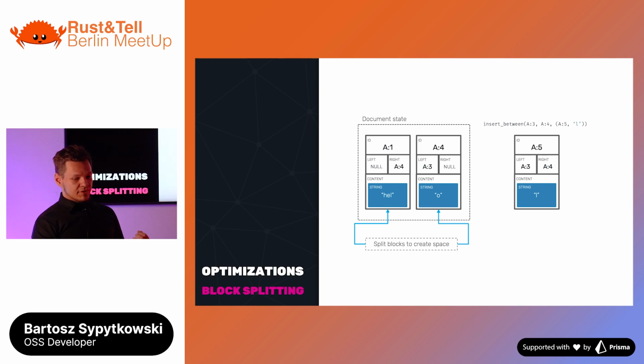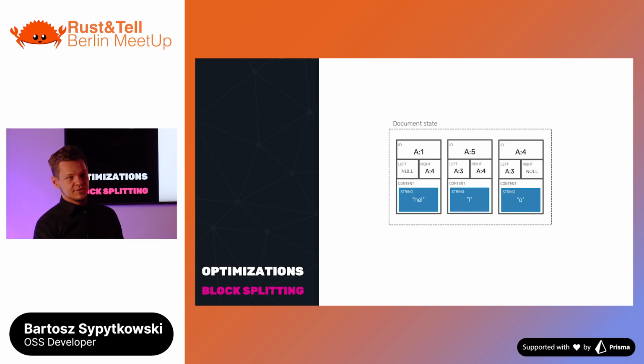With this in mind, we can recreate the original block O, for example, and take the right and left pointer to point to the correct positions. And then we can insert our new typo. However, as you can see, the problem here is that this block cannot be merged any longer. This is the trade-off here.